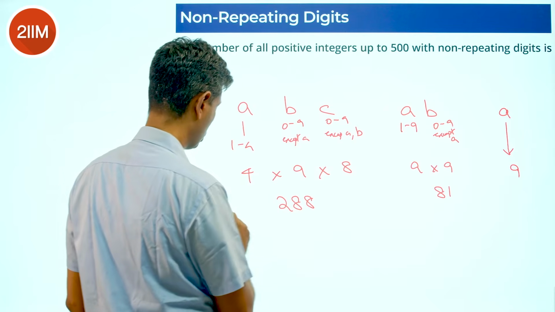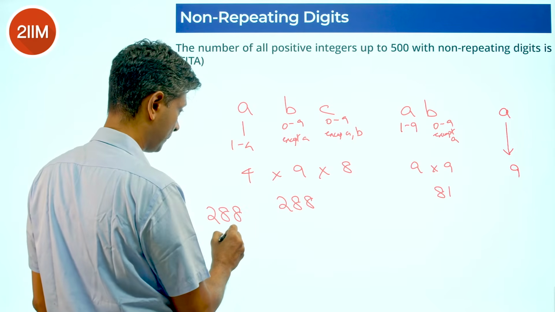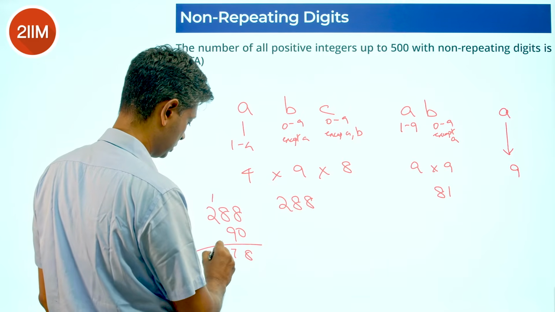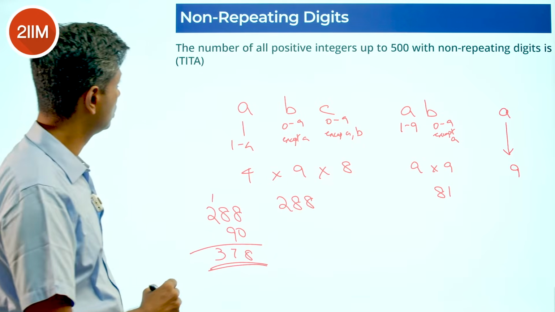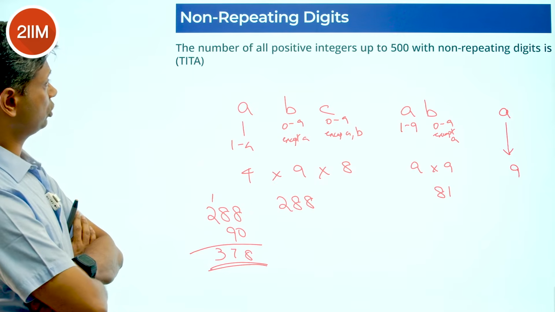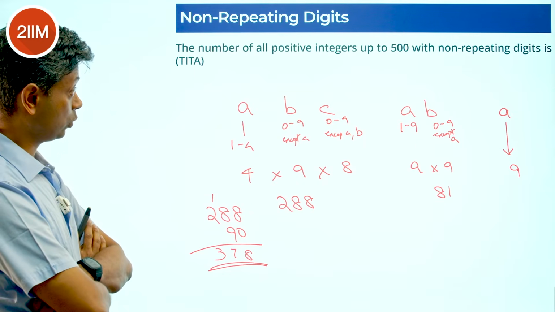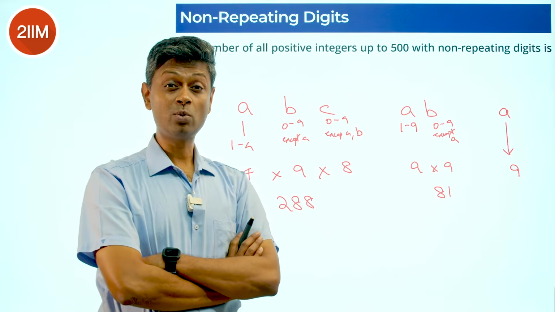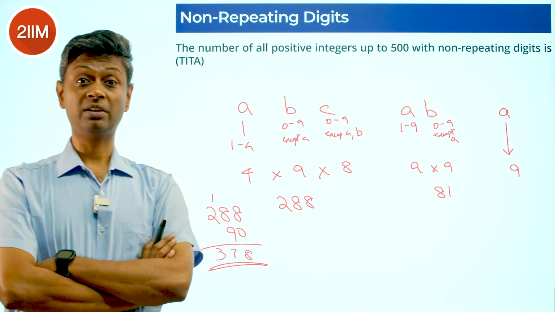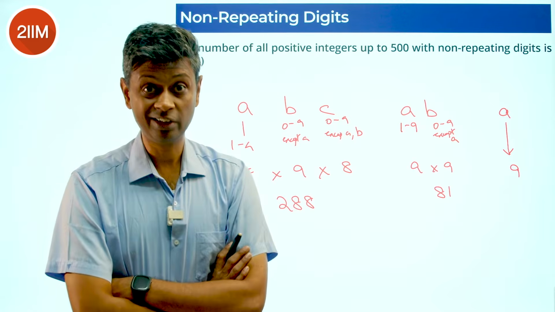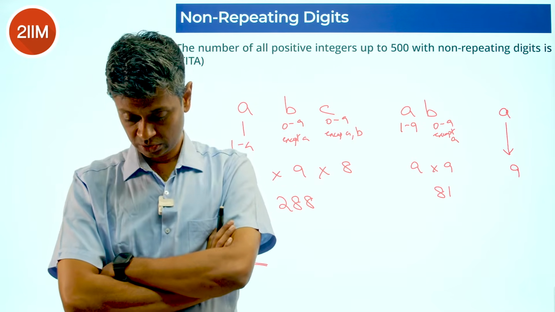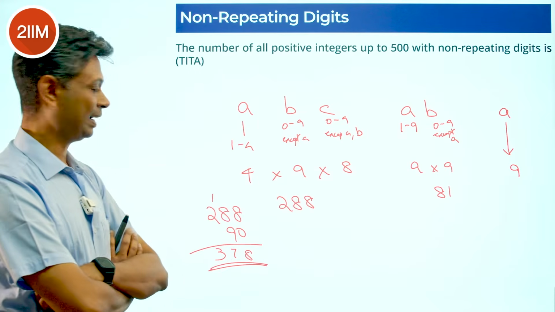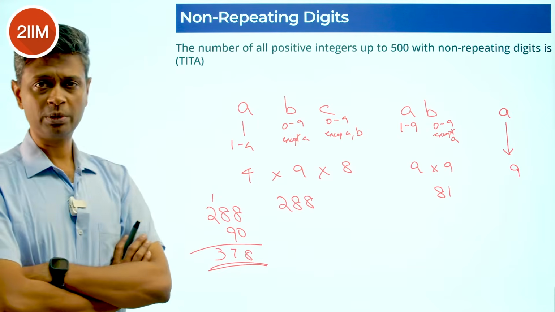So we have 288 plus 81 plus 9, which is 378. The number of all positive integers up to 500 with non-repeating digits. When it's up to 500, we've not included 500. We have to worry about 500. Luckily for us, even if we forget this, it's all right, because 500 has repeating digits. 0 comes twice over. So we forget that. 378 numbers, our answer should be 378.